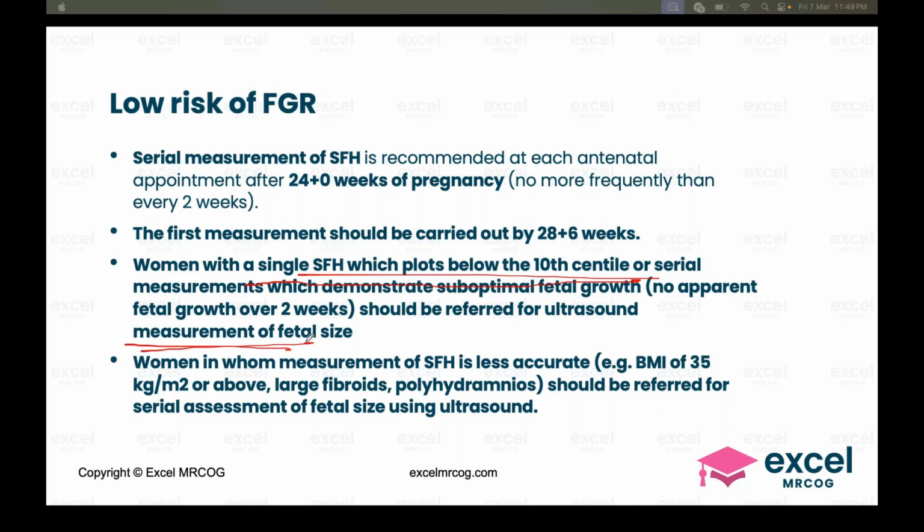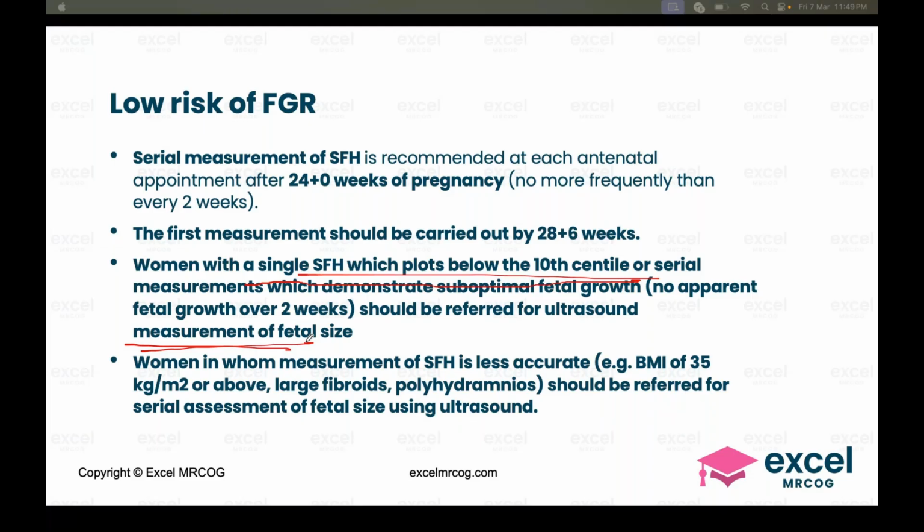Also, those women where you think that symphysiofundal height is not likely to be accurate, like those who are obese, those with large fibroids, those with polyhydramnios, should be referred for fetal size by ultrasound irrespective, because here you cannot really rely on your symphysiofundal height.